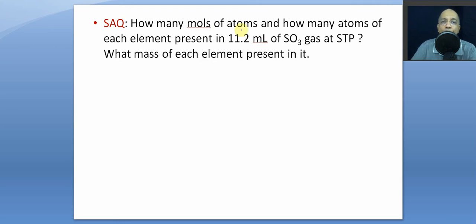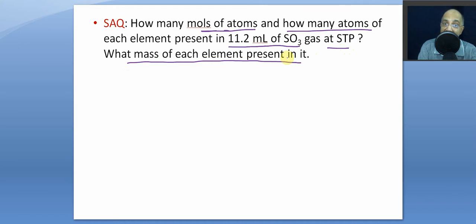Right? How many moles of atoms? How many atoms of each element present in 11.2 milliliter of SO3 at STP? What mass of each element present in it? What mass of each element, like the previous one?